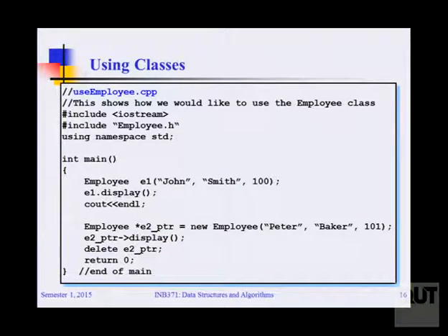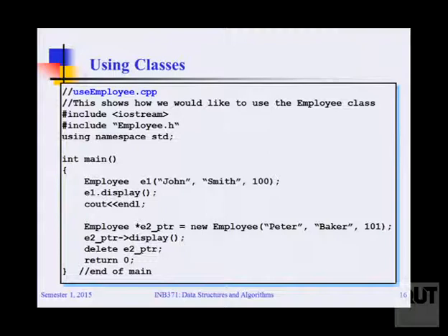Okay, this is a very simple program demonstrating how to use static and dynamic creation of objects in C++. As you can see, in order to use the ADT, the employee class that we just defined, we need to include it. There are two types of inclusions.